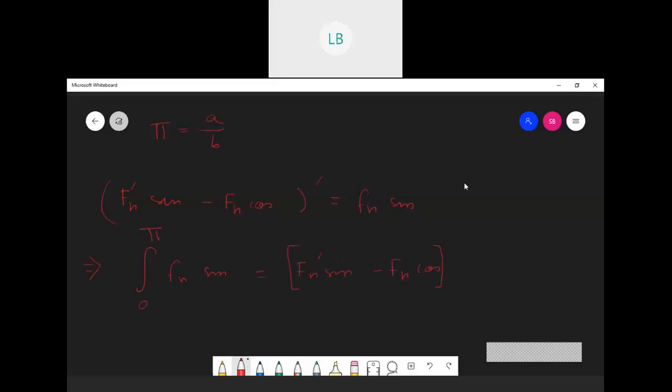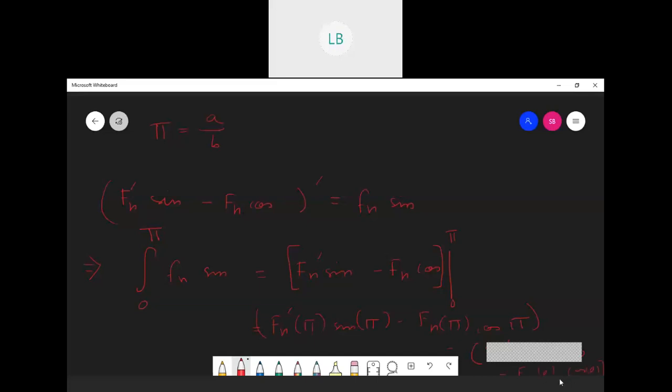So what is this from 0 to pi? F n dash pi sine pi minus F n pi cos pi, whole minus F n dash 0 sine 0 minus F n 0 cos 0.